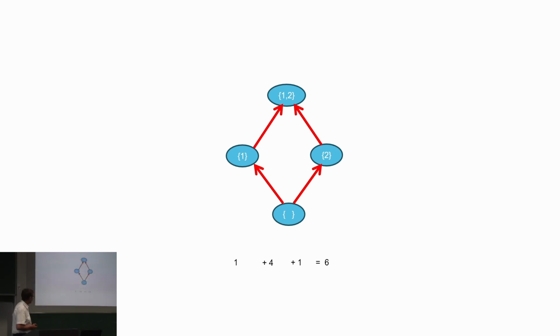Those are the elements of my monotone Boolean system, and my ordering is simply inclusion. And the question is, if I define a monotone Boolean function on this structure, how many options do I have? How many such can I create?